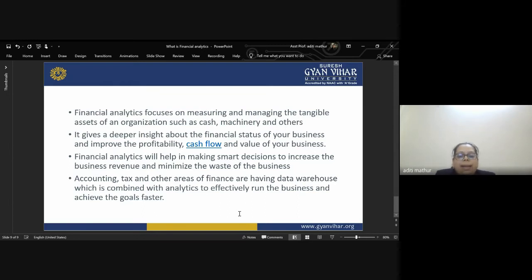Financial analytics will help in making smart decisions to increase the business revenues and minimize waste of the businesses. Accounting, tax, and the other area of finance are having data warehouse, which is combined with analytics to effectively run the business and achieve the goals faster.